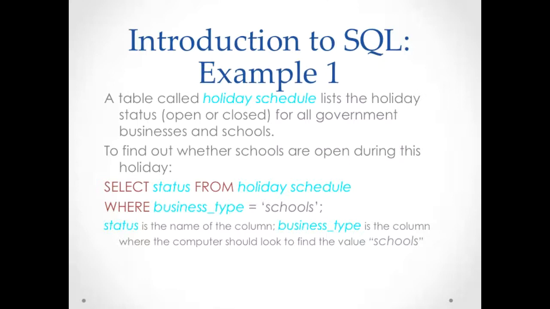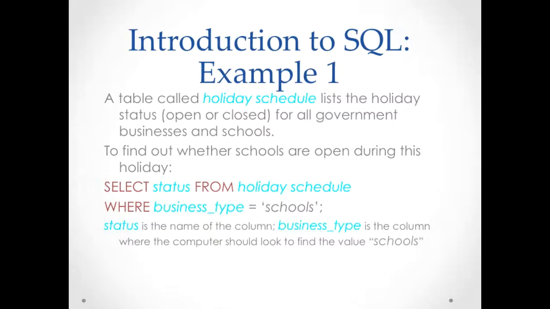An example? Okay. So let's say that we have a table called holiday schedule, and it lists the holiday status for, let's say, just UAMS. For each holiday, it says whether UAMS is open or closed. So to find out whether we're having class or whether UAMS is open or closed during a holiday, we would select status.